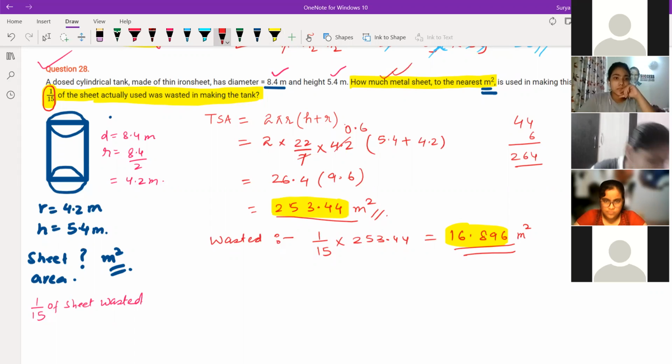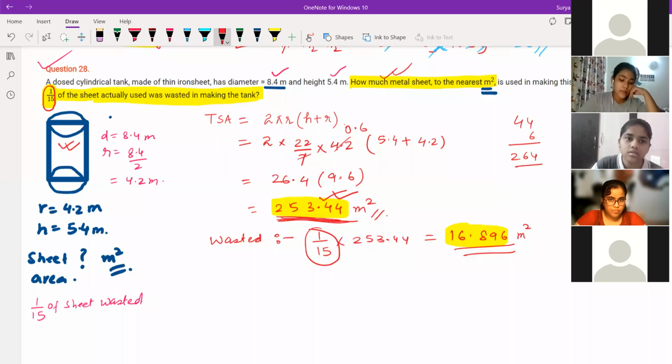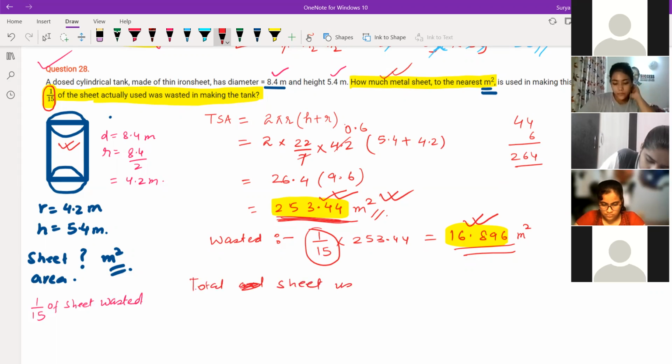See, this one is the total surface area of the iron sheet, and out of this, 1/15 part got wasted. So this is the wasted part, and this we are using in the tank. So total iron sheet used was 253.44 plus 16.896.